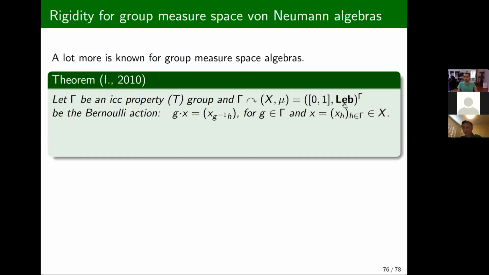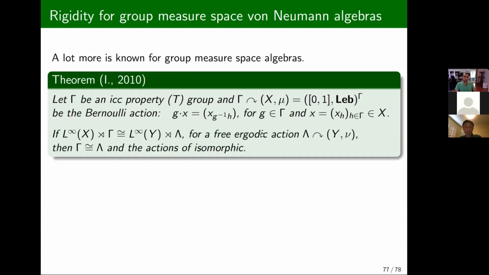For instance, I can take this to be the action of Gamma on [0,1] to the power Gamma, where [0,1] is endowed with the Lebesgue measure, and a group element g acts on a sequence of numbers between 0 and 1, (x_h), by just acting on the index set. So g applied to x gives you a new such element where you translate the components according to the left multiplication action of g on Gamma. So these are free ergodic actions.